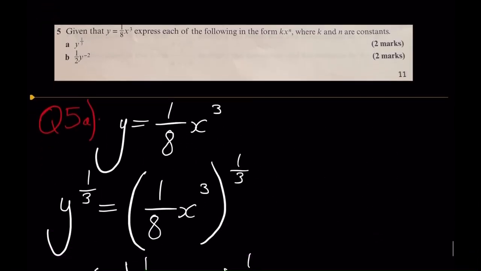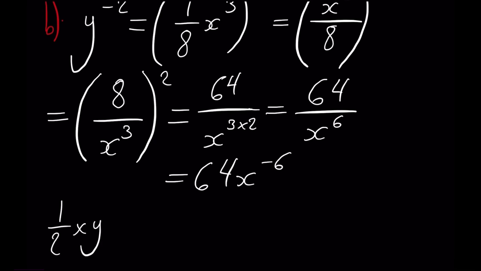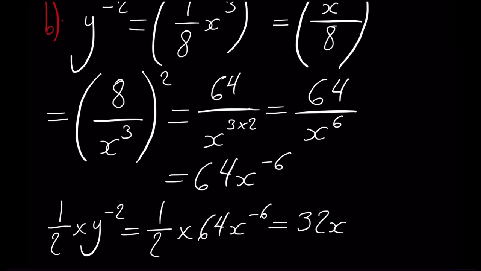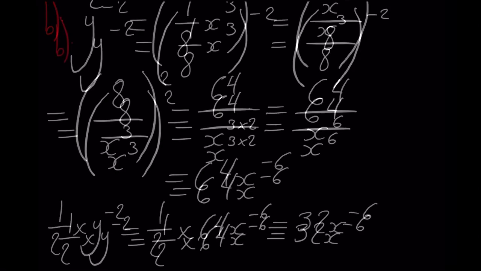But we've missed out, we still haven't dealt with the half, so half times y raised to the power -2 is equal to half times 64 times x raised to the power -6, which is equal to 32 x raised to the power -6. And that's the final answer.